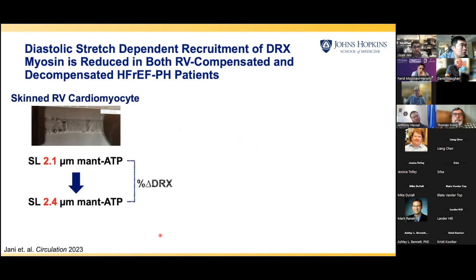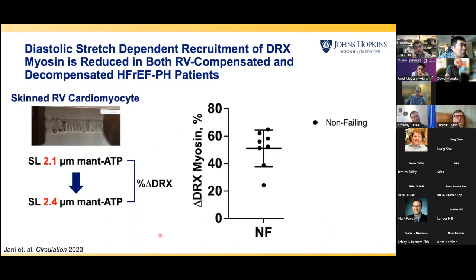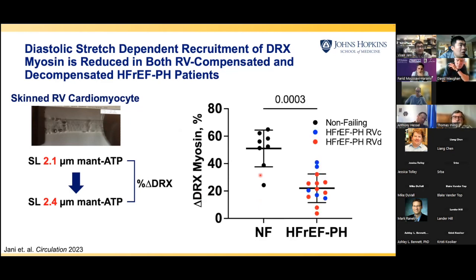And then we quantified the percentage change, or the relative change, in disordered relaxed myosin. And Weikong showed this, at least the first part of this data, in non-failing control patients yesterday. Here you can see that we are able to recruit DRX myosin to stretch in control patients. But what was really interesting to us was that in the HFrEF patients, this behavior seems to be reduced.